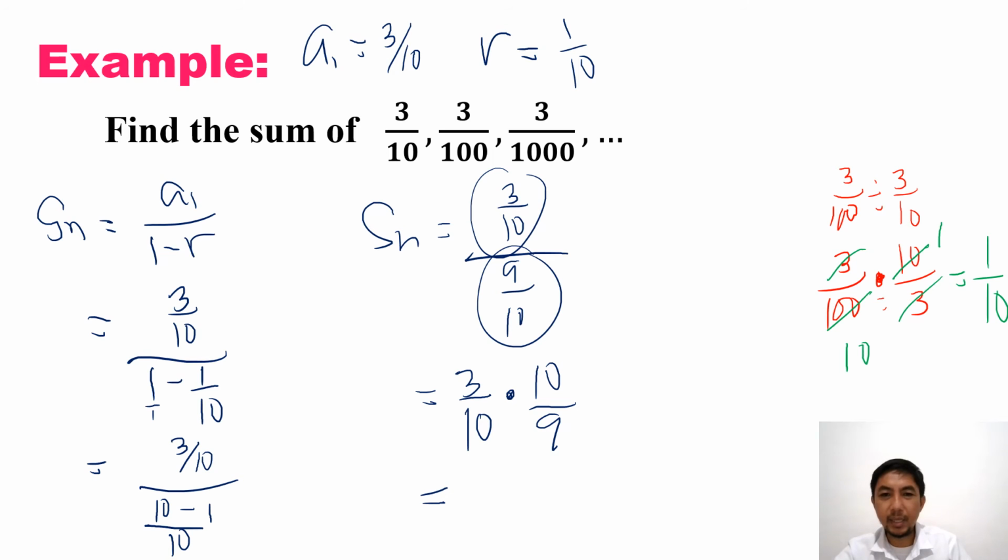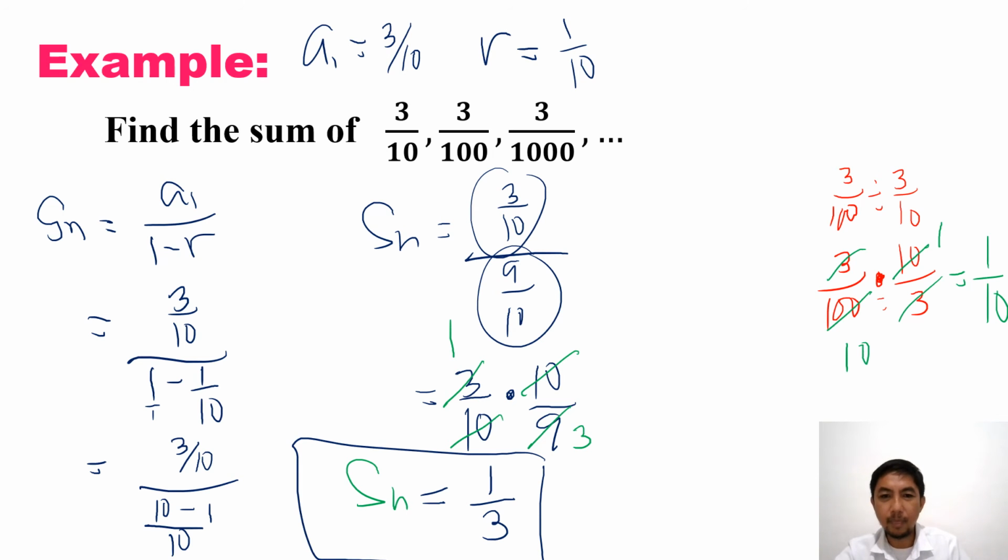Then, in this case, you can cancel 10 here. And 3 and 9 are both divisible by 3. So 3 divided by 3 is 1. 9 divided by 3 is 3. So therefore, the sum of 3 over 10, 3 over 100, 3 over 1000 is just 1/3. This is your final answer.